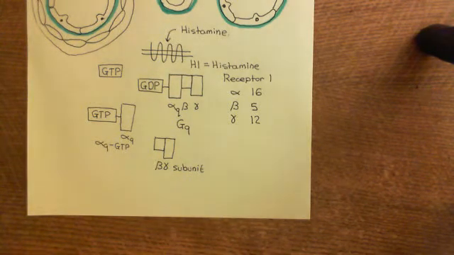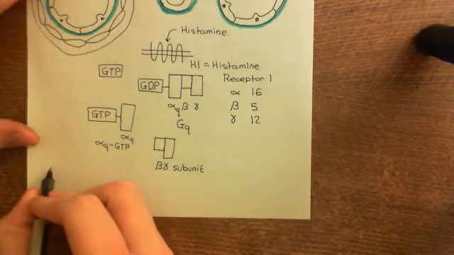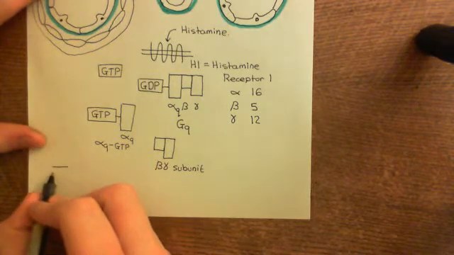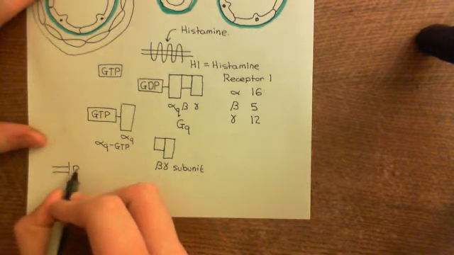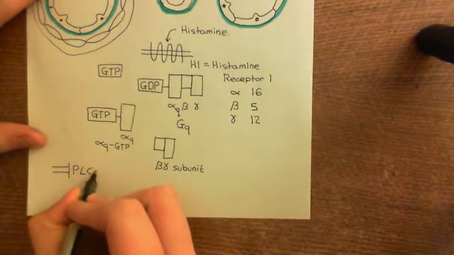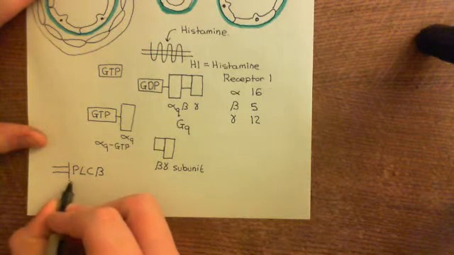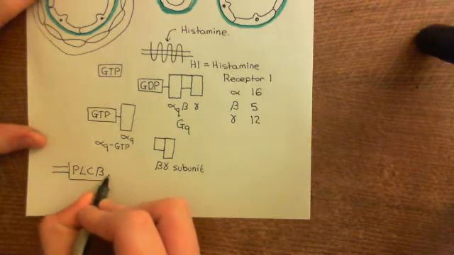Okay, so what is alpha Q GTP going to do? Well, it's going to do what it always does. It's going to go and activate phospholipase C, specifically phospholipase C of the beta type. In the phospholipid bilayer of the endothelial cell, you have an enzyme known as phospholipase C, specifically phospholipase C of the beta type.